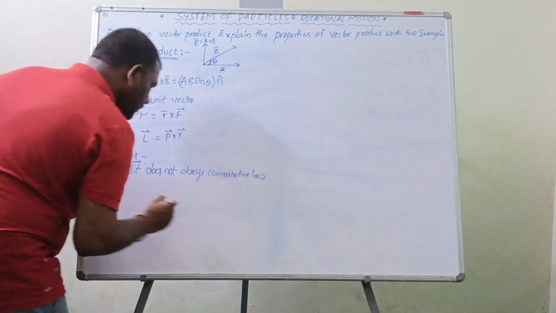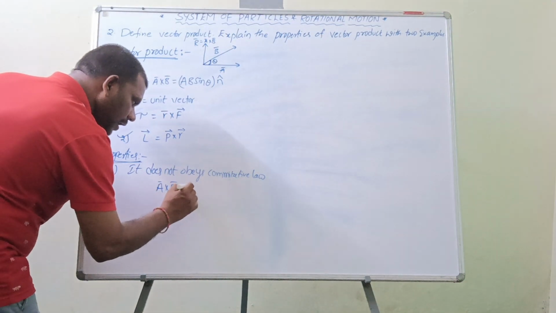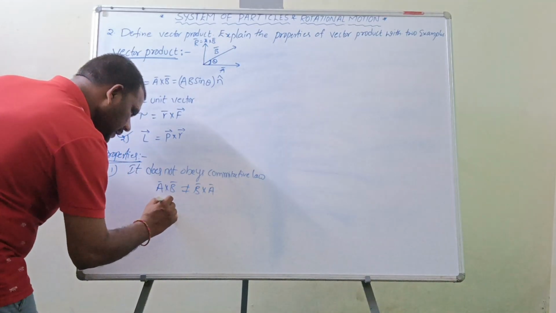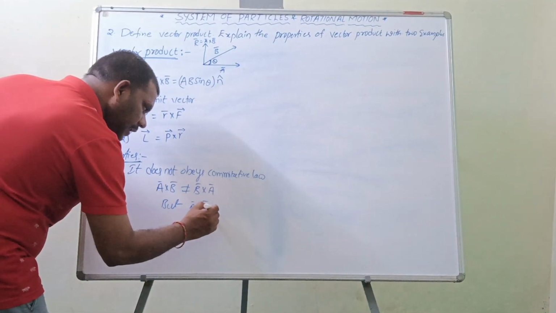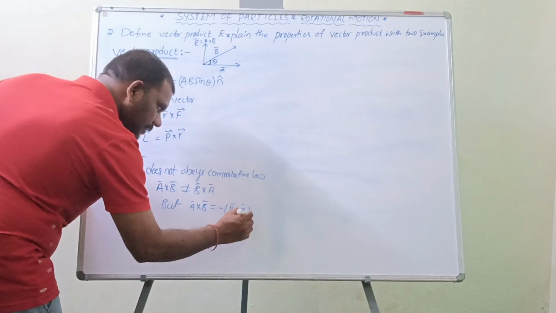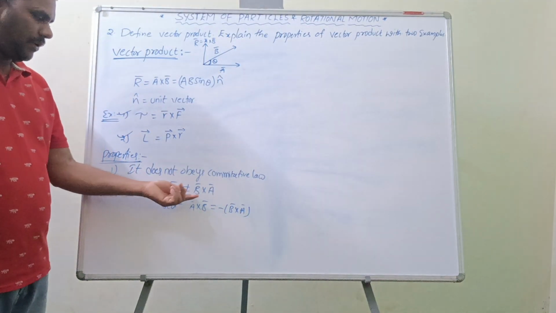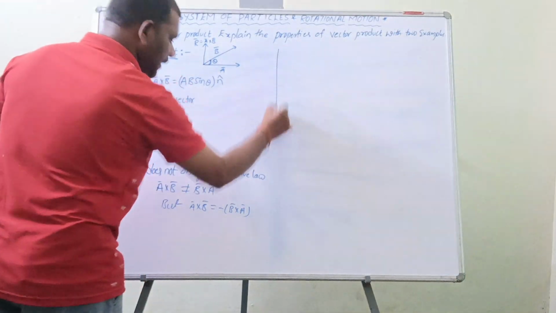That is, a bar cross b bar is not equal to b bar cross a bar. But what happens is a bar cross b bar is equal to minus b bar cross a bar. So this is the first property.